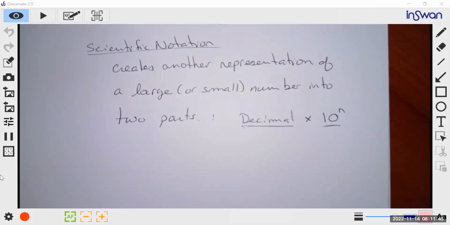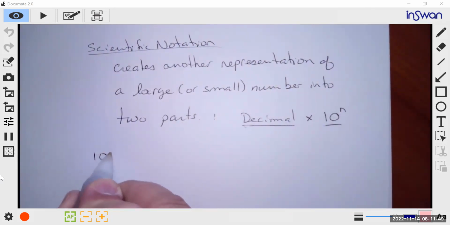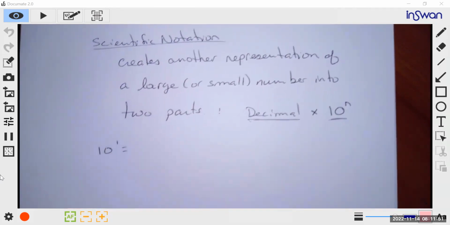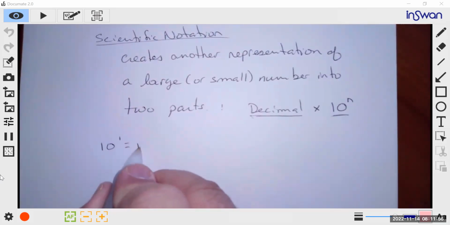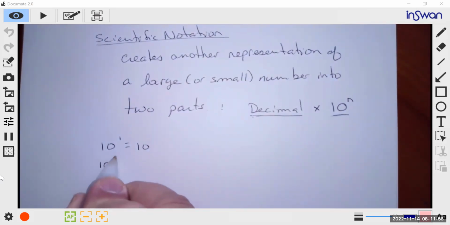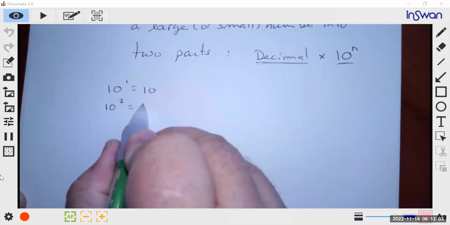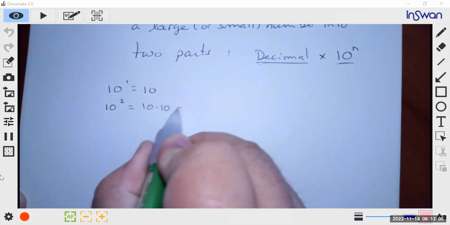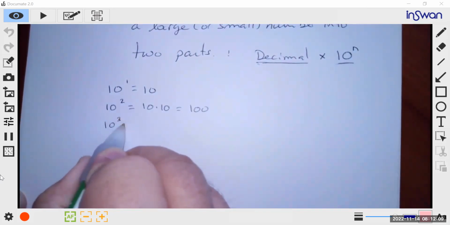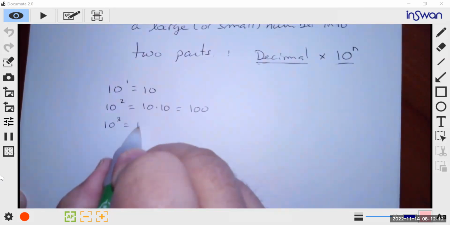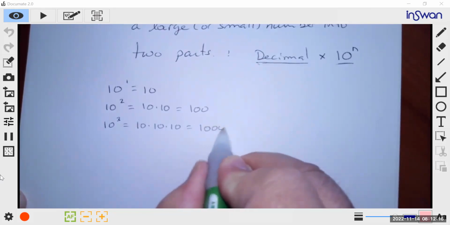So before we get going with this, let's look at the exponential part. 10 to the first is what? 10. 10 to the second is what? Yeah, it's 10 times 10, which is 100. What is 10 to the third? That's 10 times 10 times 10, or 1,000.